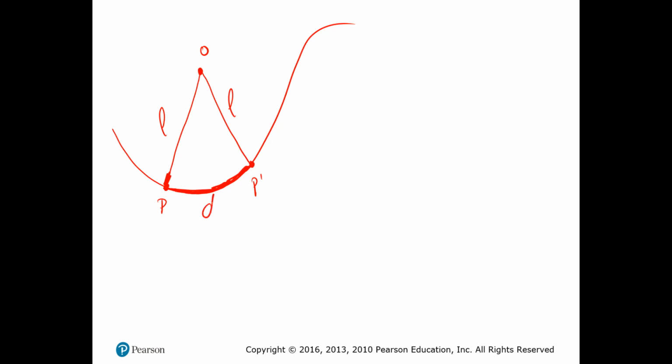And I'm going to call this, in terms of differentials, ds. If I want to know the length of that arc, you know that the length of the arc is the radius times the angle in between. I'm just going to go and place that equation. So the length of that will be equal to rho, which is how much I have from here to here, times theta.